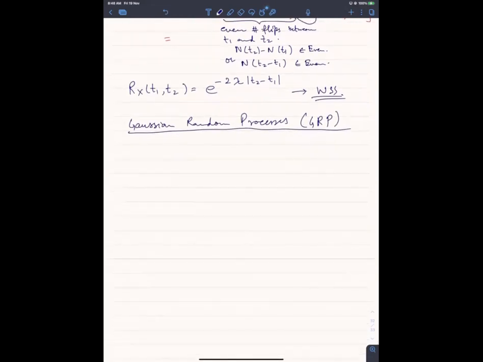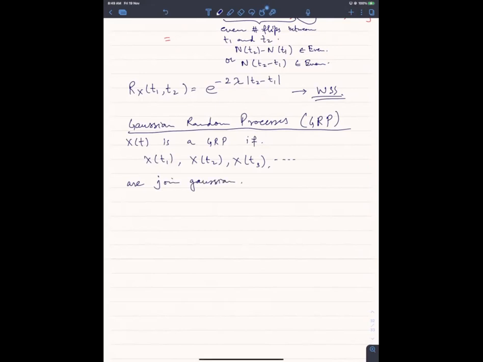So a process X(t) is a Gaussian random process if X(t1), X(t2), X(t3), and so on, at all times t1, t2, t3, are jointly Gaussian.